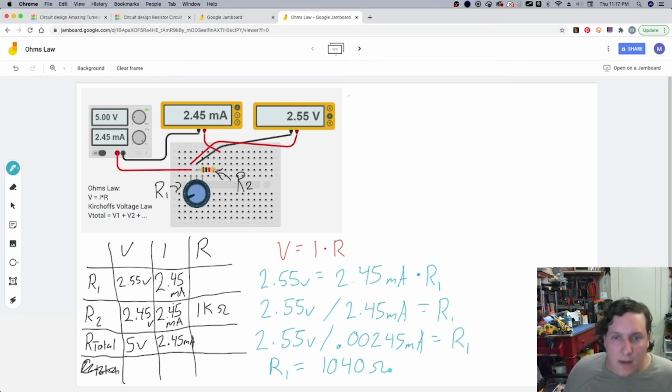So pretty similar, but not quite the same as resistor number 2.